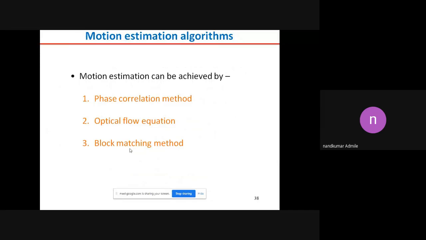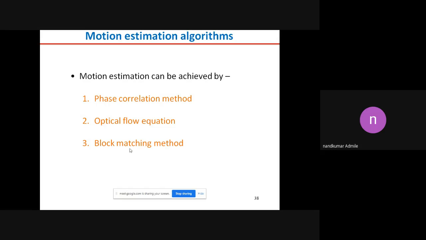And the second important part from the seventh unit is motion estimation algorithms. These are the two important points from unit number 7. In order to study motion estimation we need to understand how we can consider the various regions of support.